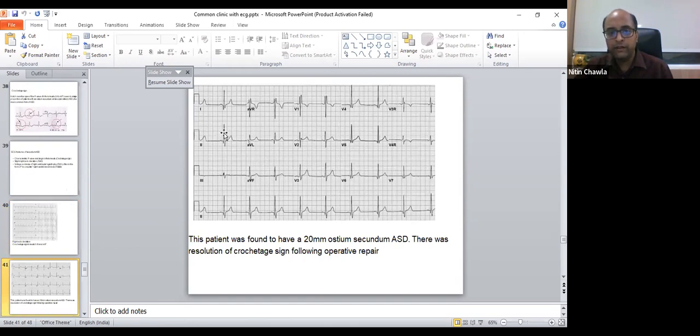Some faint evidence is present in 2, and in 3 it is not very clear, but the same defect, because of filling secondary to ASD with volume overload, we see this typical sign which is named Crochet in cases with ASD, and once it is corrected with intervention, we see recovery from Crochet sign as well.